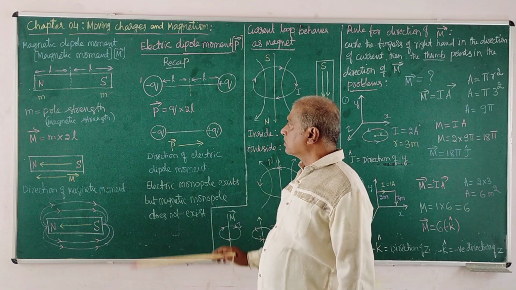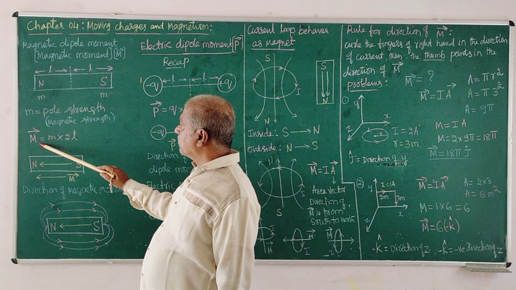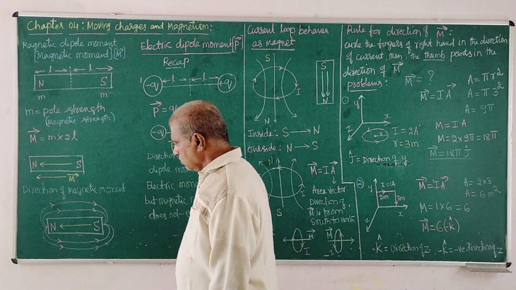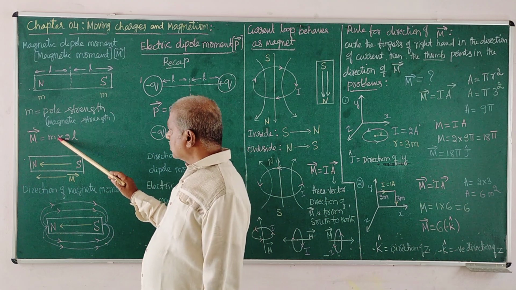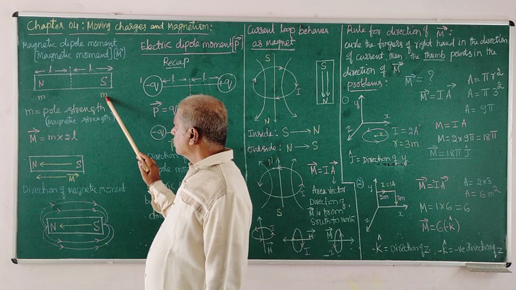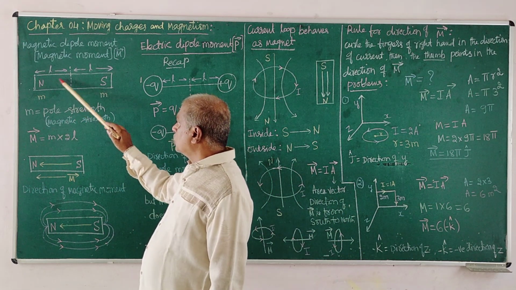That is the electric dipole moment. What is the definition for M? It is also a vector, with both magnitude and direction. The magnitude of M is the pole strength, you can take either pole since both are the same, times the distance of separation of the two poles, 2L.